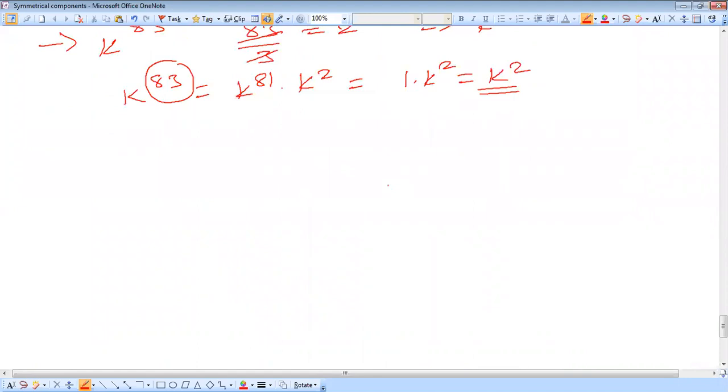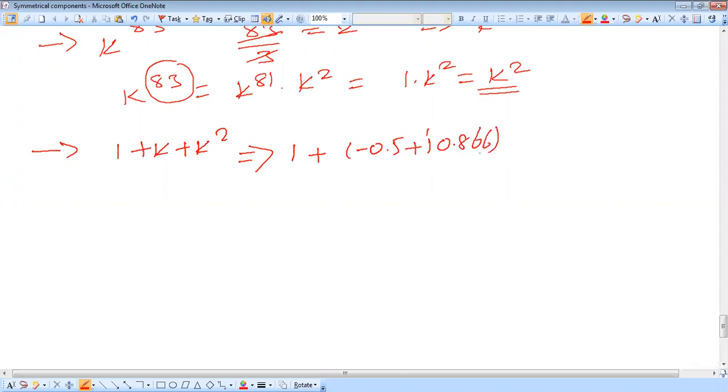Generally, most of the time, we get one relation: 1 plus k plus k square. What is 1 plus k plus k square? Substitute the values here. 1 as it is, then the k value, that is minus 0.5 plus j 0.866, already derived.